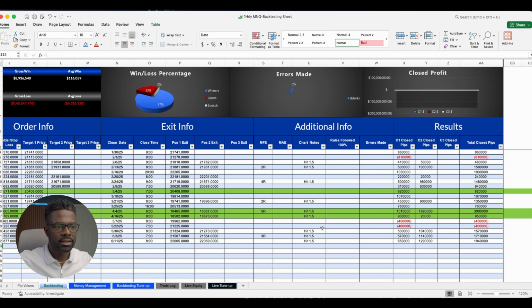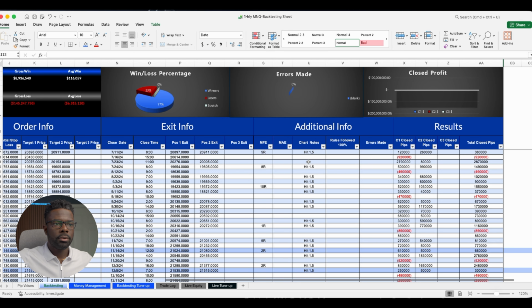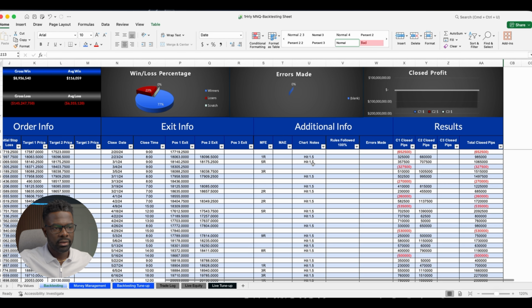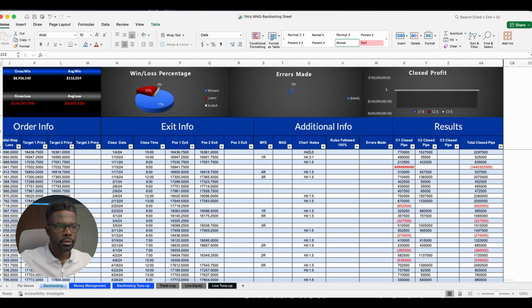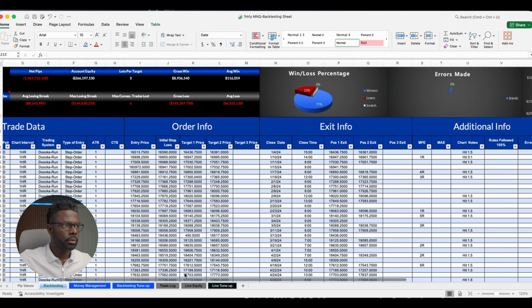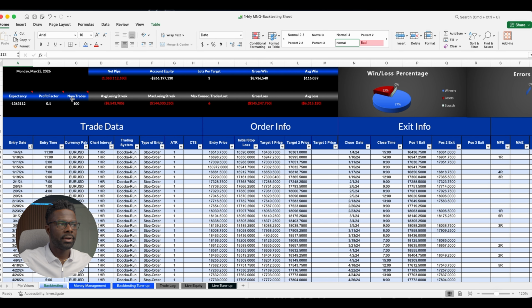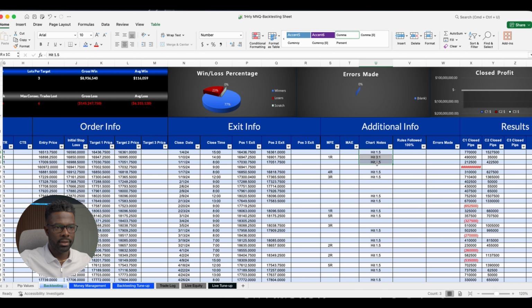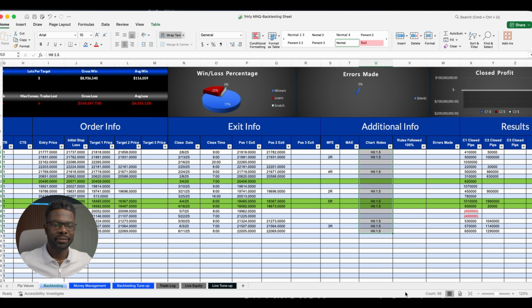You can see all of these chart notes where it says hit 1.5. I have 100 trades, and if I track this, you will see that 56 trades did hit 1.5 before they reached the 2 to 1 or before going back to break even.